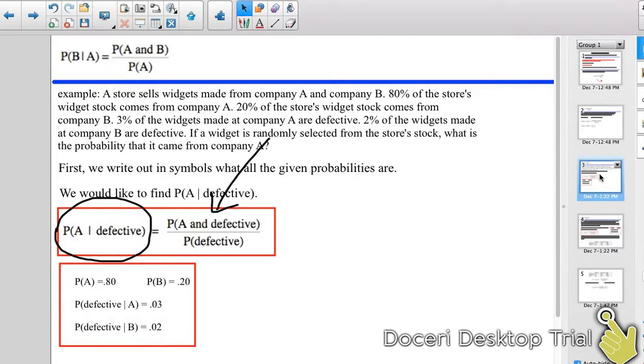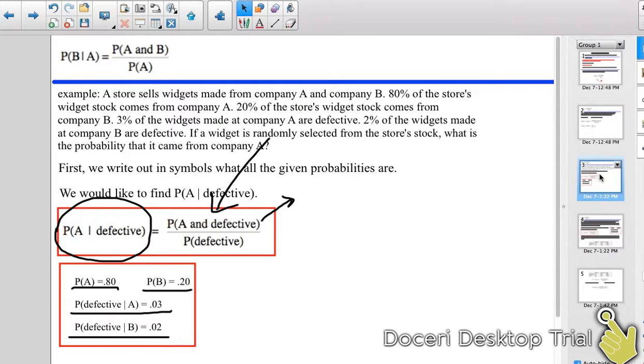Now we know a lot from the problem. We know the probability that the widget came from Company A is 0.8. Probability it came from Company B is 0.2. We also know the probability it's defective given that it came from A is 0.03. Probability it's defective given it came from B is 0.02. So we're going to use all this.